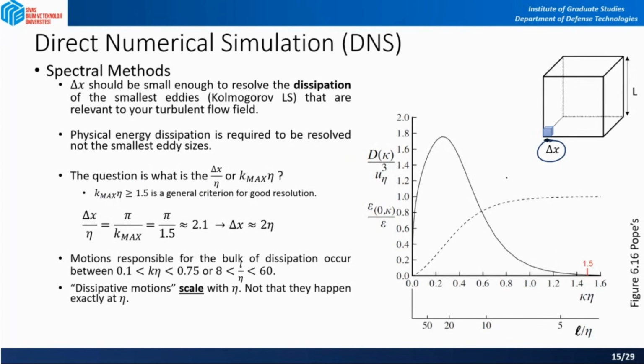The Kolmogorov length scale is estimated by Kolmogorov's similarity hypothesis, and it is just an order of magnitude, not an exact number. So the important thing is this: your largest wave number, meaning your smallest length scale, should be high enough to resolve the actual energy dissipation that is occurring in the domain.